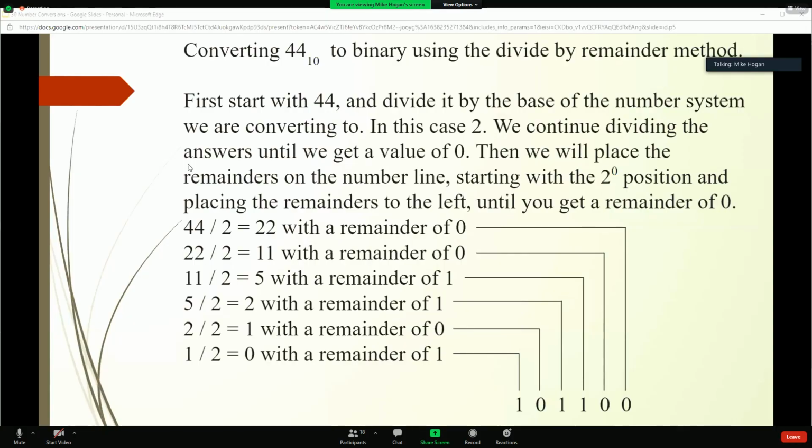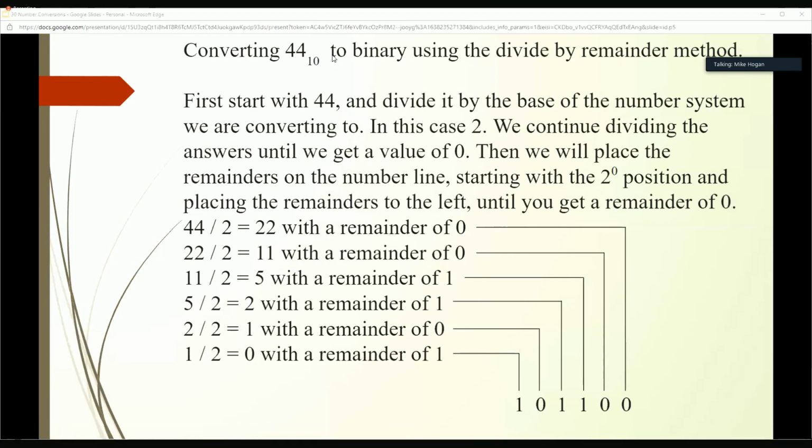All right, so let me go back. When we're talking about base 10, the reason we do that is just so that you know it's base 10, right? And if we have a number like 44 here and there's no base identified, well, that's base 10. If it's going to be hexadecimal, then we've got to make sure that we identify hexadecimal.